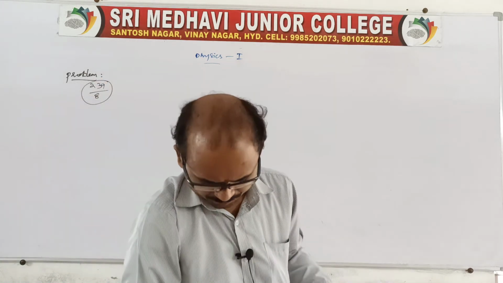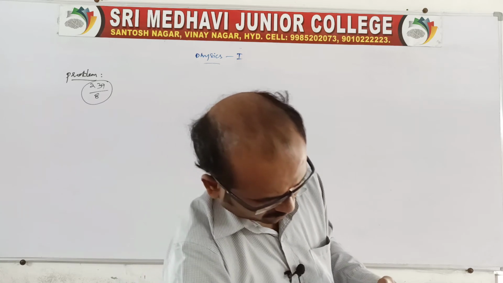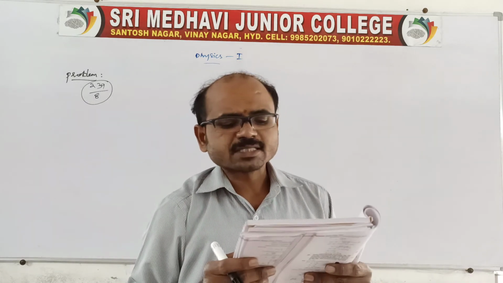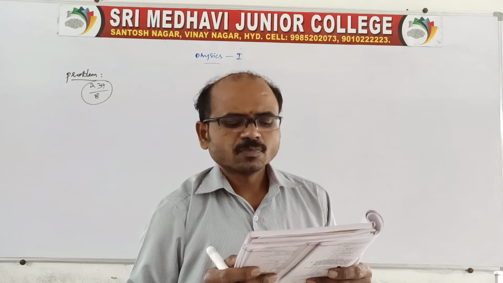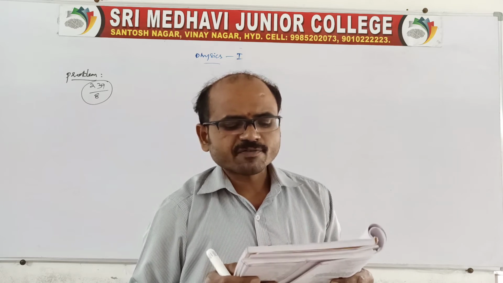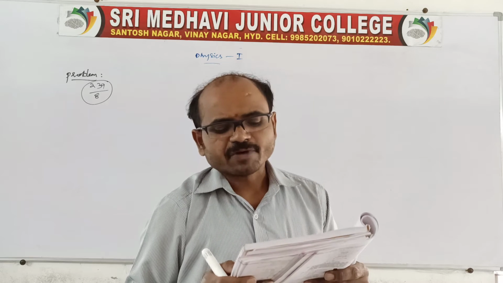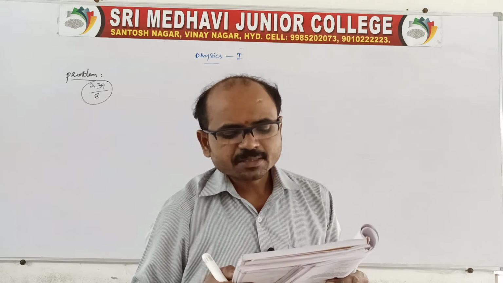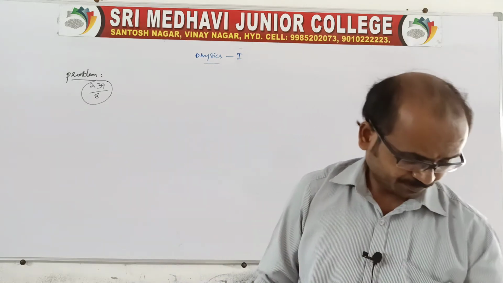I'll read the question, then afterwards we'll find the answer. Four identical masses, small m, are kept at the corners of a square of side A. Find the gravitational force exerted on one of the masses by the other masses.